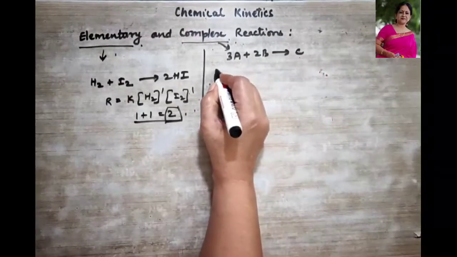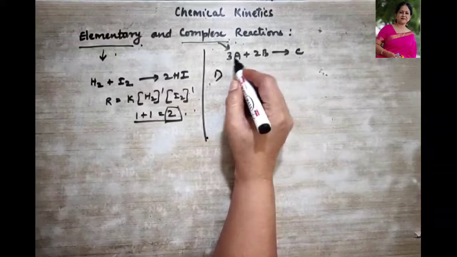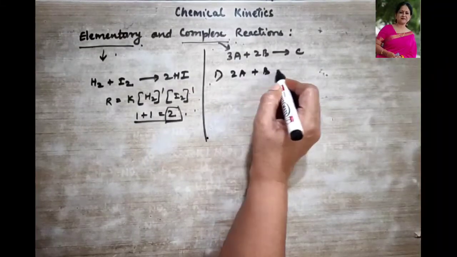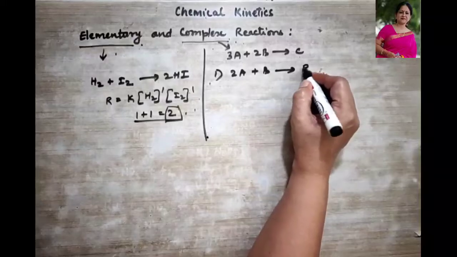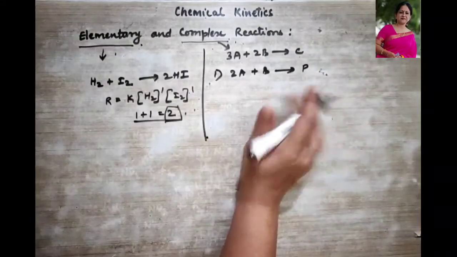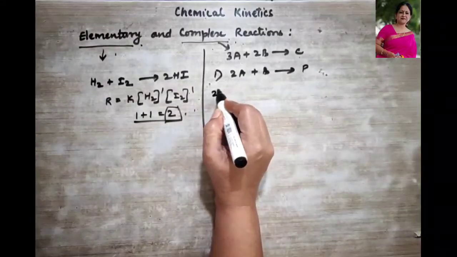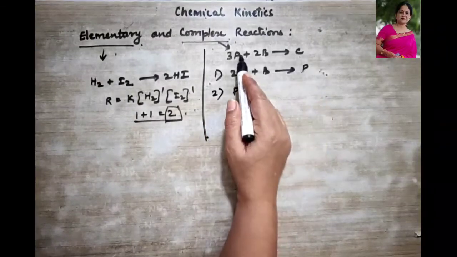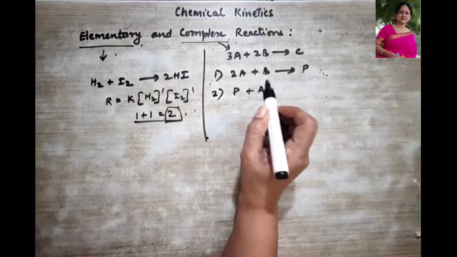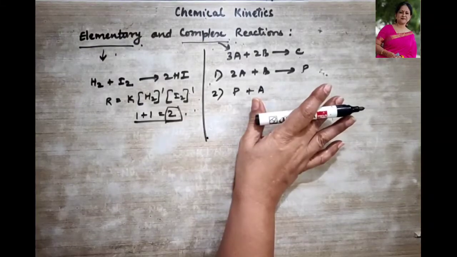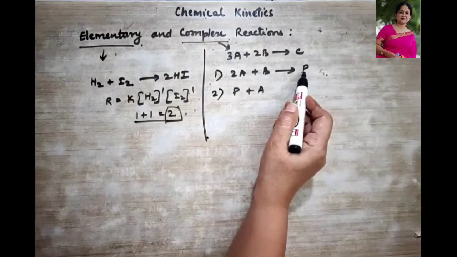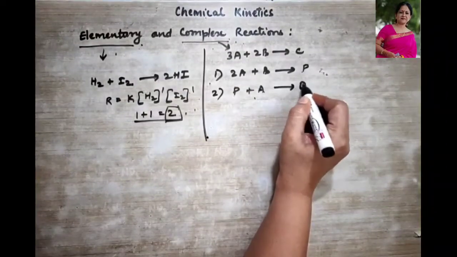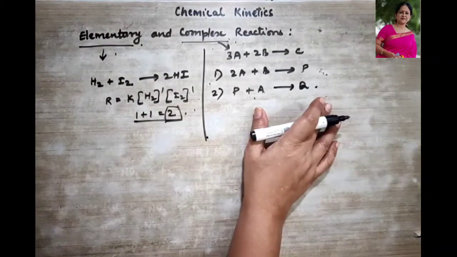Like this can be written as 2A plus B gives us a product P, right? Then my second step, this P combines with more of A. So 2 plus 1 makes it 3. So this product P combines with more of A and gives me another product Q.